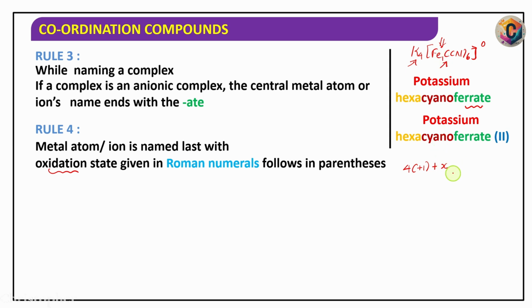I want to find the oxidation state of Fe, that's why I have written x, plus I have 6 cyanide, each having minus 1 charge. The sum of everything should be equal to 0. Clear? Now I'm going to simplify it. 4 plus x minus 6 is equal to 0. x minus 2 is equal to 0. Then minus 2 brought to the other side becomes plus 2. So now I have got the oxidation state of the metal as plus 2.